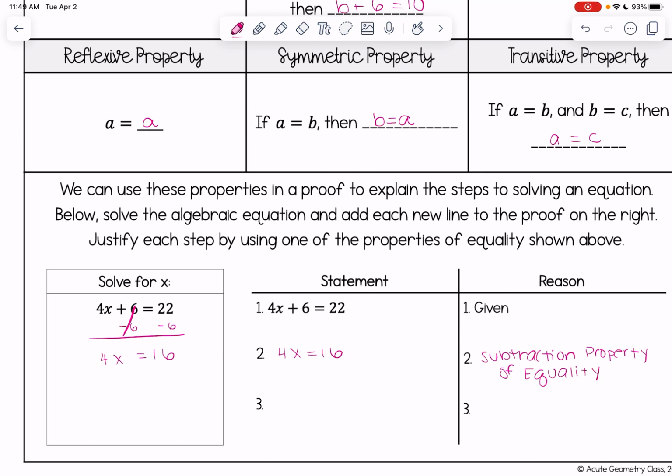Then if I go back to my equation, if I had 4x equals 16, we would divide both sides by 4 to get x equals 4. So statement 3 is going to be x equals 4, and that's using the division property of equality. So again, if you can solve a basic algebraic equation, we're just formalizing it into a proof.